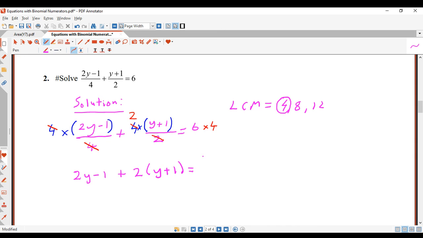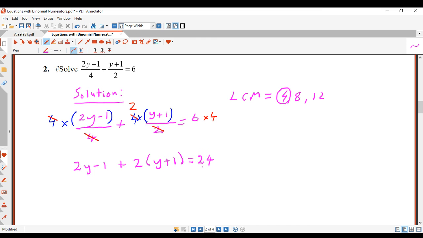And this is 6 times 4, which is 24. All right. Now we're going to expand the brackets. So this one stays as 2y minus 1 plus, and this is 2 times y, which is 2y. 2 times 1 is 2, so it's plus 2 there. And then equal to 24.